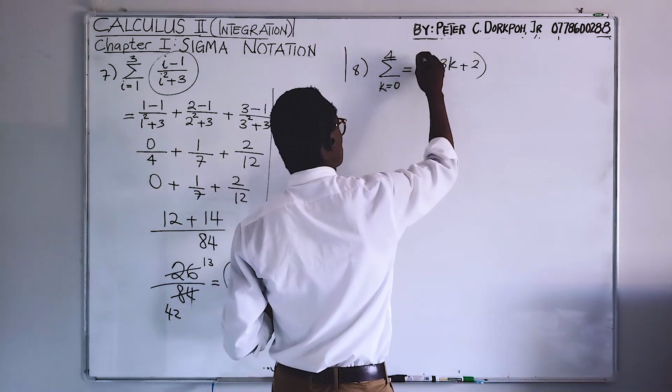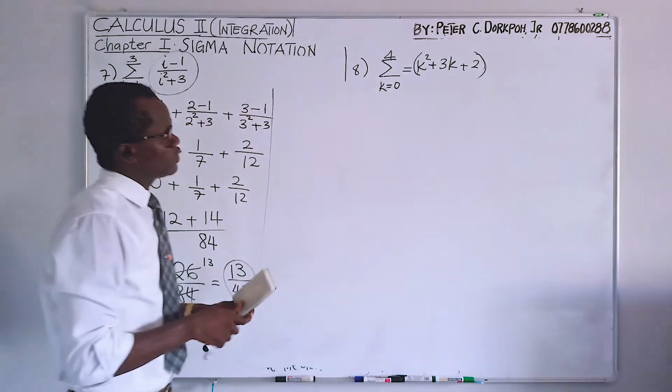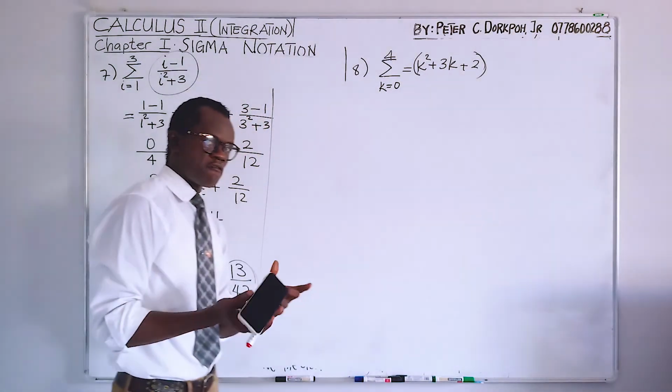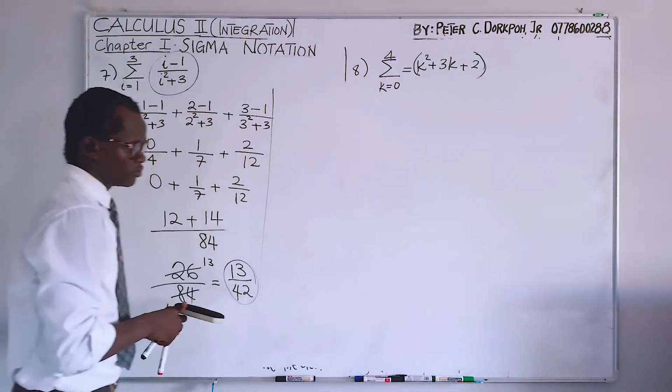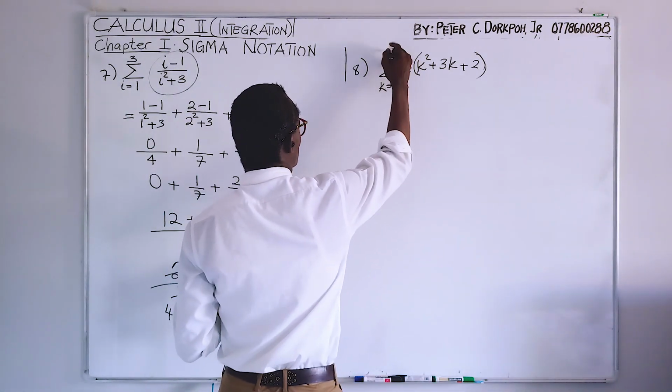Now, in the next lecture, we're going to show you how to easily find the sum of this using sets of formulas, without carrying on this long method that we are about to carry on. Because what if this upper bound was 100?